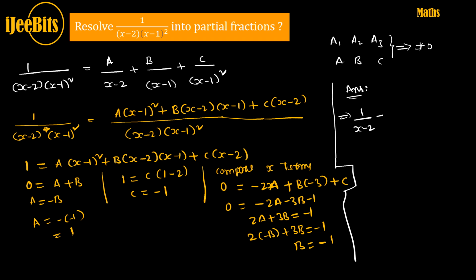What is the b value? b is equal to minus 1, so minus 1 divided by x minus 1. What about c? c is equal to minus 1, so minus 1 by x minus 1 whole square. This is our partial fraction.